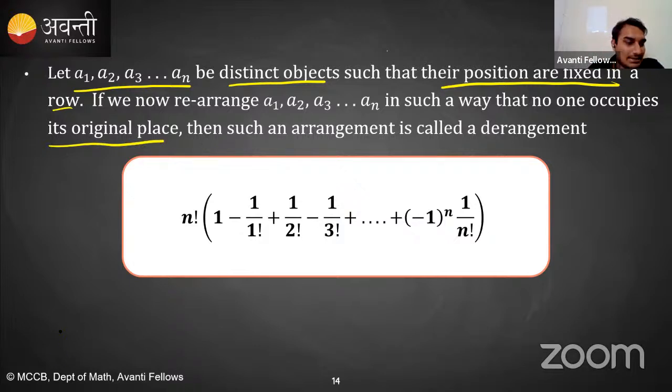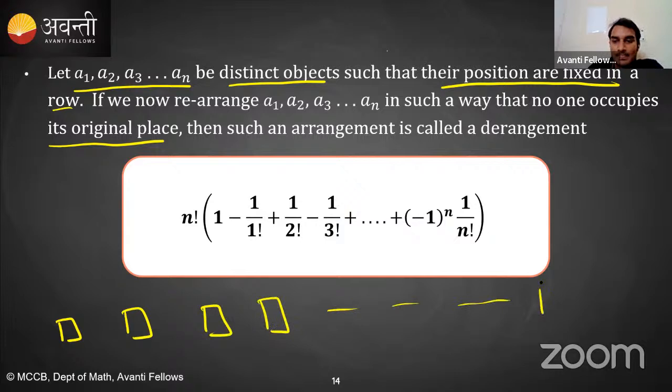कहने का मतलब क्या है? Let's say there are n seats, and these are numbered seats. Means this is seat 1, this is seat 2, this is seat 3, and let's say this is seat n.